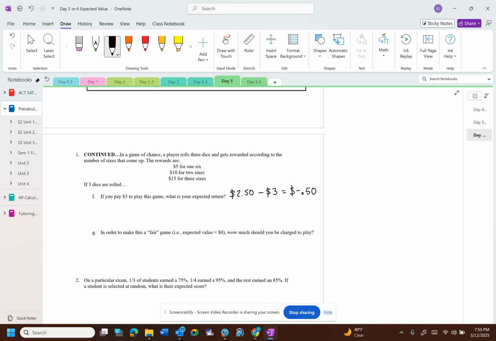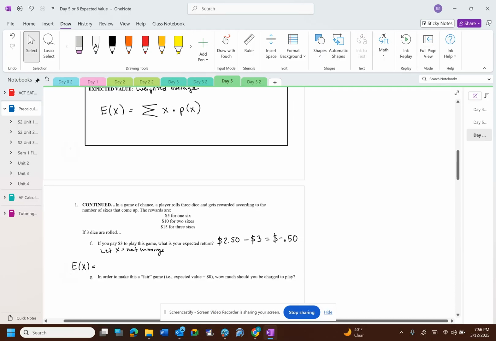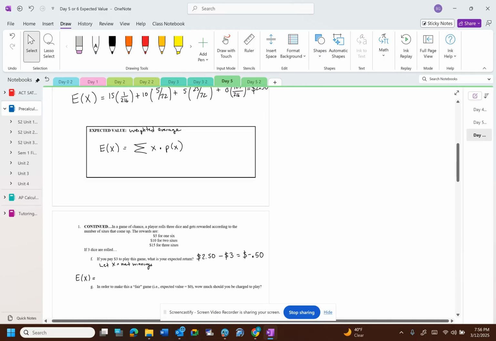So you can calculate that way, or you can calculate it using a different random variable. Just to show you, because this will work out the same way, you can let X be your net winnings. Instead of just how much you win, you take out the $3 for each outcome. So to find the expected net winnings, we'll use the same probabilities. It was 15, but it's going to be 15 minus 3, times 1 over 216.